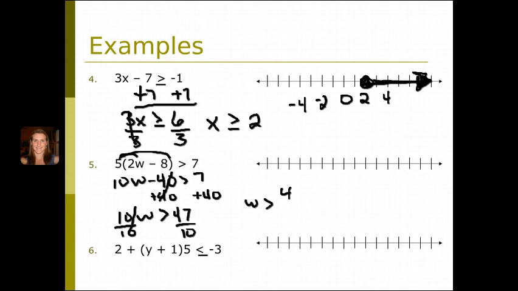However, when you're graphing a fraction, sometimes it's easier to figure out where that fraction belongs on the number line if you go ahead and convert it to the decimal. So 47 over 10 converts to 4.7. So let's go ahead and draw the numbers on the number line.